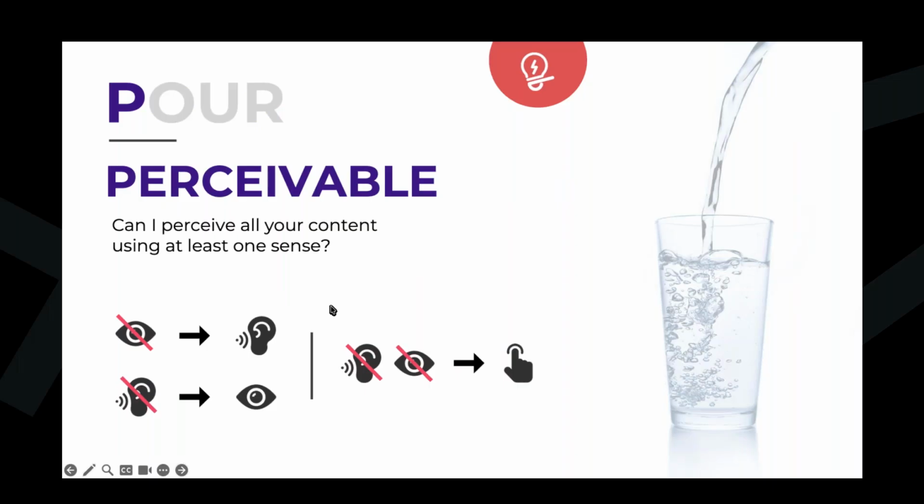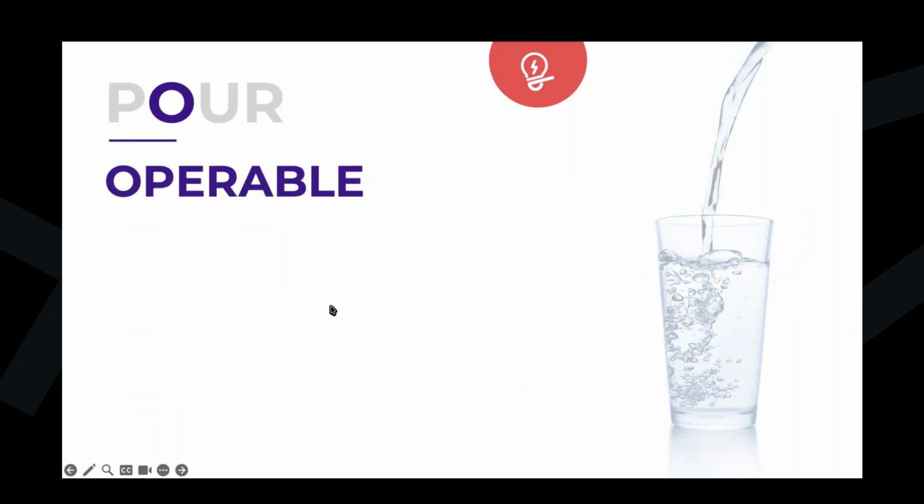So people that are deafblind will take in the web through a little display that will take the text content and translate that into braille in real time, and that will refresh. And it's a really cool device. I challenge everyone to go look up what a refreshable braille display looks like. But that's basically what perceivable is talking about: we need to be able to perceive the content with at least one sense.